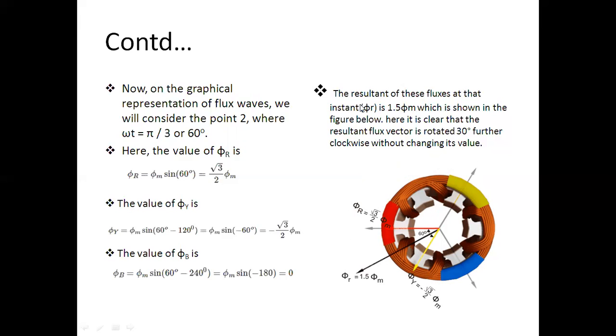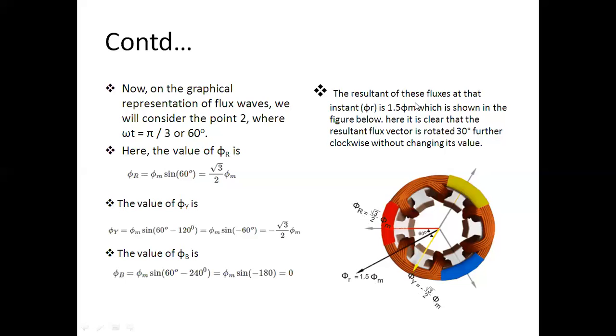So for the resultant of these three fluxes, we see that phi y becomes minus root 3 by 2 phi m, phi r becomes root 3 by 2 phi m, and the resultant becomes 1.5 phi m.